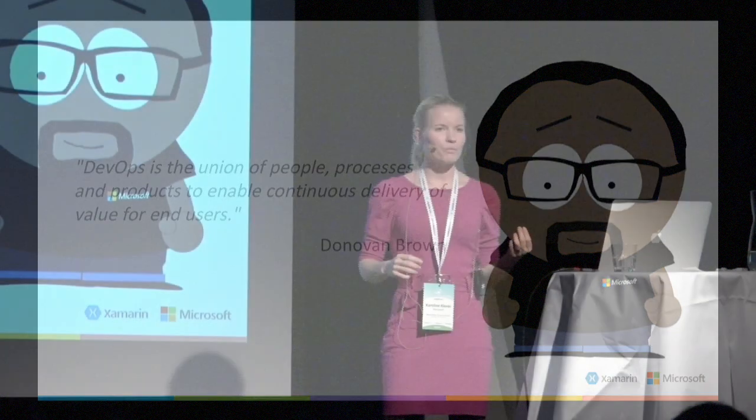But that's not really what we're delivering. What we are delivering is value to our end users. And it's so easy to forget that, but if you start delivering features that no one wants, your company is not going to exist 2 years from now. So that's the key here, delivering end value continuously.